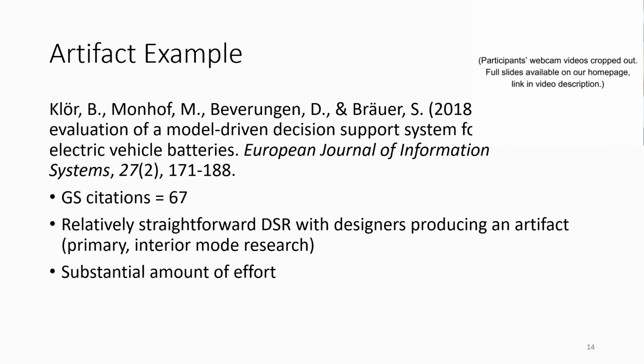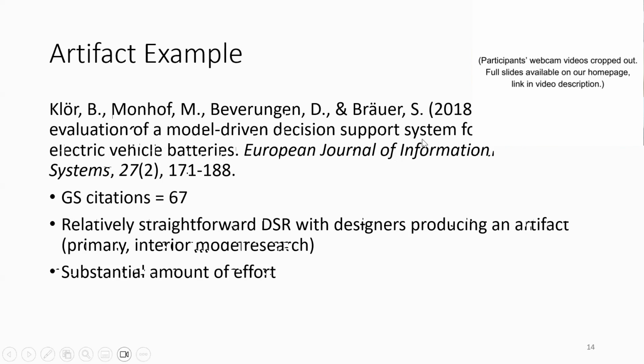So this is one example I've picked of just one of many. It seemed quite a good one. It appeared in Aegis, and you can see at the moment it's had Google Scholar citations of 67, which is not bad. And I looked at the papers that had cited this. Many of them seem to be either reviews or they are work again in some sort of environmental or sustainability type work.